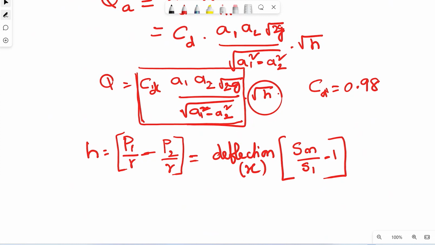Here SM is the manometric fluid, S1 is the flowing fluid, and X is the deflection in the manometer. Suppose you take mercury, then naturally for mercury SM is equal to 13.6.